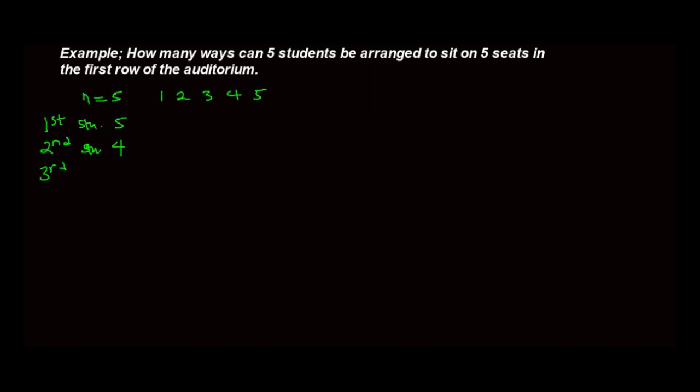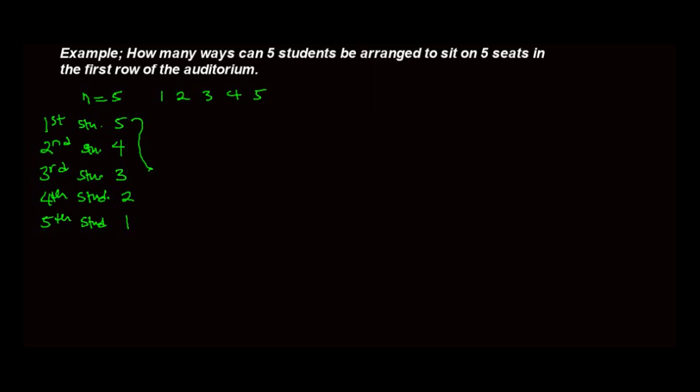So the third student, we have three options. There will be three seats and you'll be left with just three choices. Then for the fourth student, you have two choices. And then for the fifth student, you have just one choice because there's only one seat remaining.